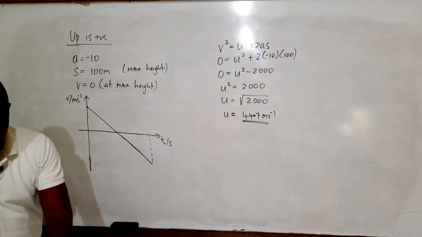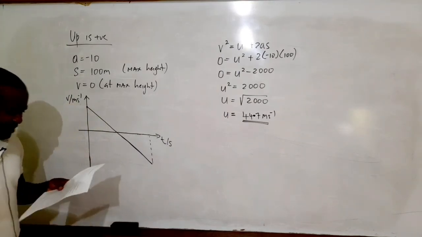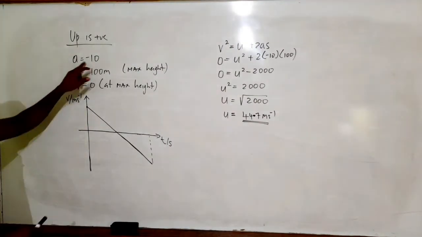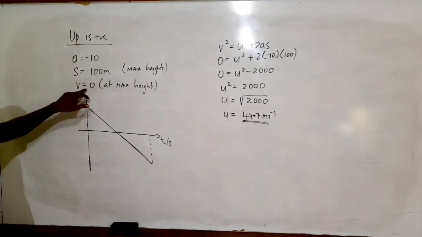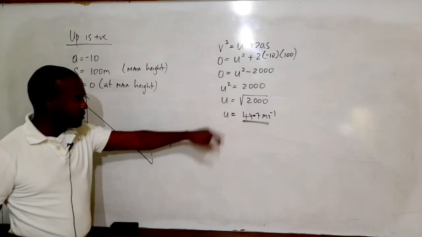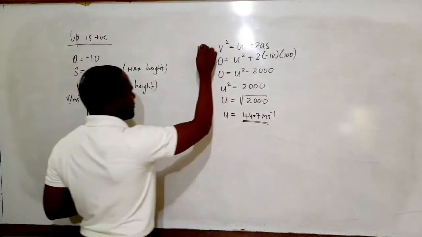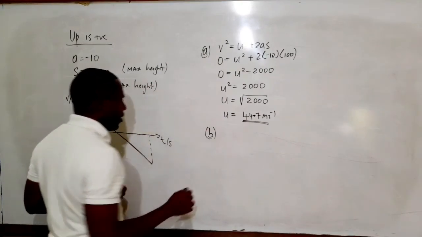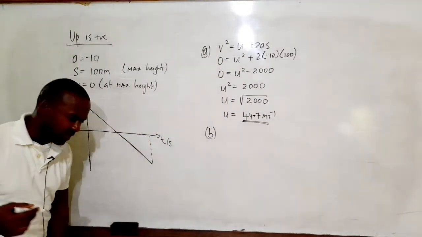Now the next part of the question wants us to calculate the time taken to reach maximum height. As from before, we have A, we had S, we had V, we now have U, and now we want to find T. So this was part A of the question, the initial velocity. Part B wants to find the time taken to reach maximum height.